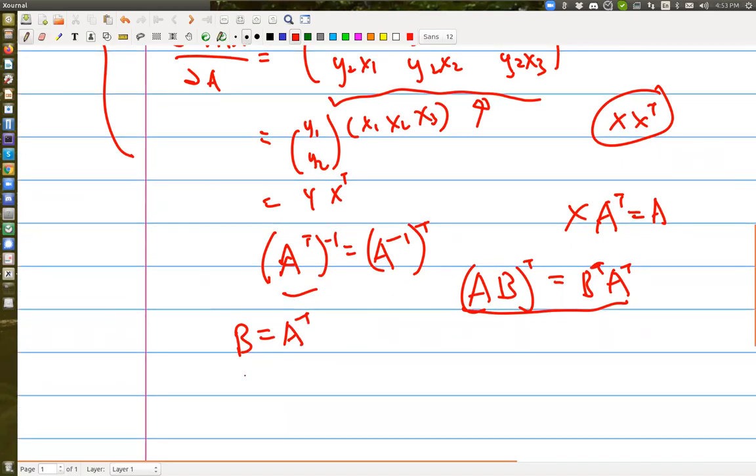Then B inverse, or like, how do I do it? A transpose times.